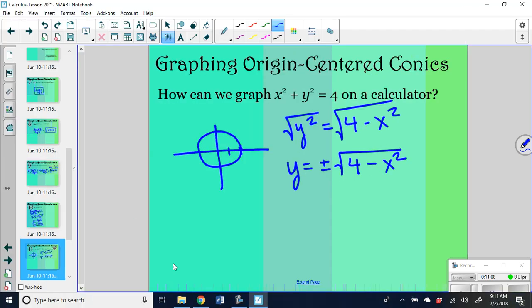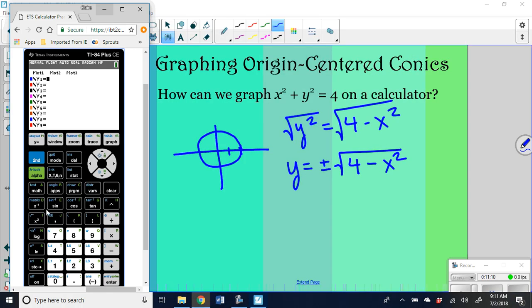So if you wanted to graph that on the calculator, you would do the square root of 4 minus x squared. And if you graph that, what is my window? My window's really large.